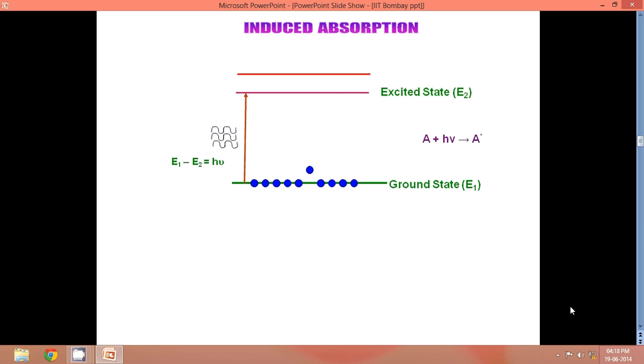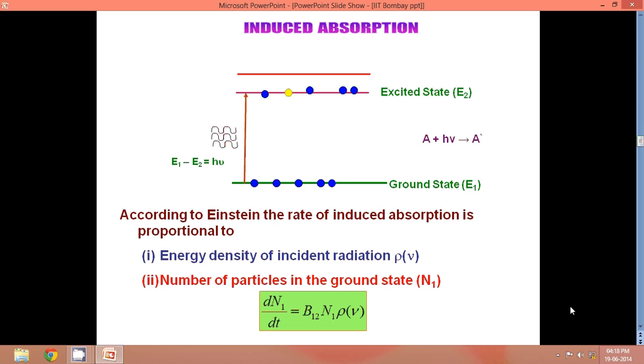We will now define what is induced absorption. Consider an atomic or a molecular system on which light of energy h nu falls, which is equal to the difference between the two energy states E1 and E2, designated as ground state and excited state.